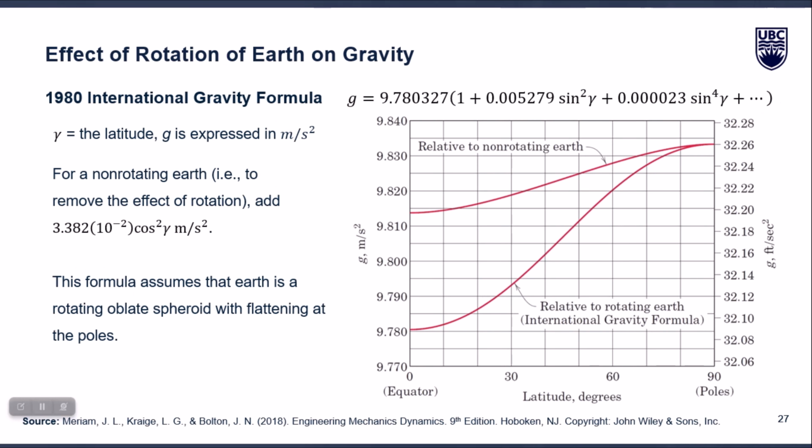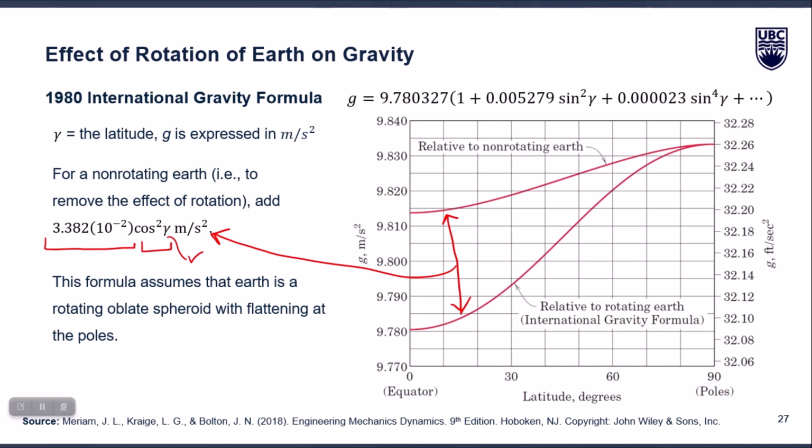The difference between both of these lines is due to the Earth's rotation. That effect becomes negligible as you go to the poles, and it is more pronounced as you come towards the equator. Mathematically, that difference is equal to this quantity. In SI units, it is equal to 3.382 times 10 raised to the power minus 2, multiplied by cos squared gamma, where gamma is your latitude in degrees.